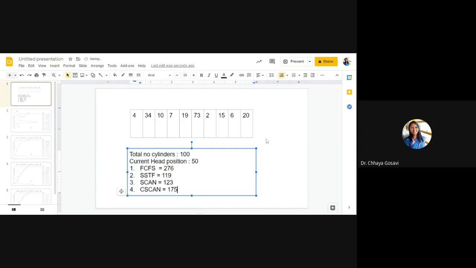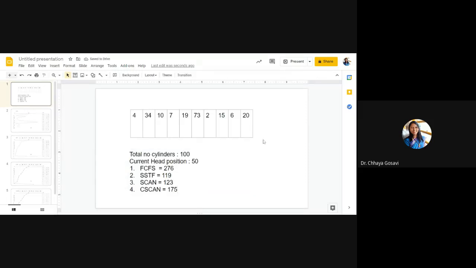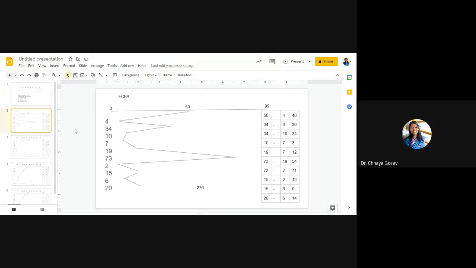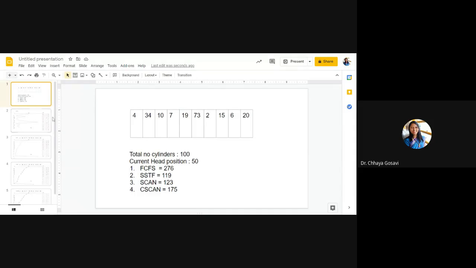Now, can you compare these algorithms? Which algorithm is better and why? What about FCFS? Which algorithm shows minimum seek time?